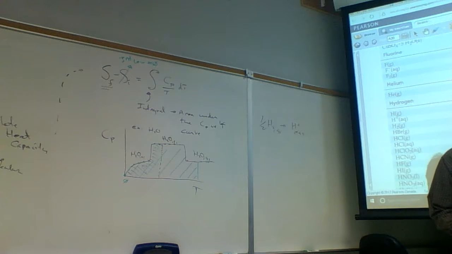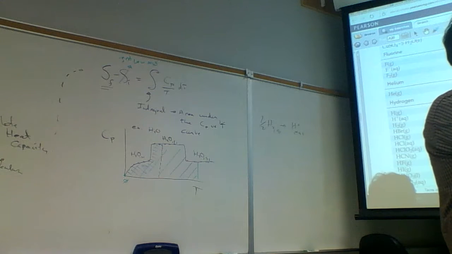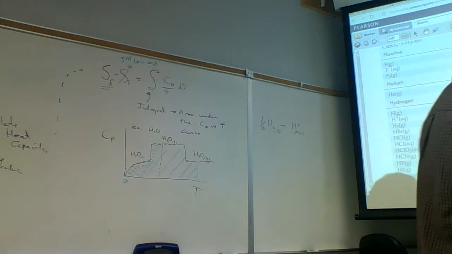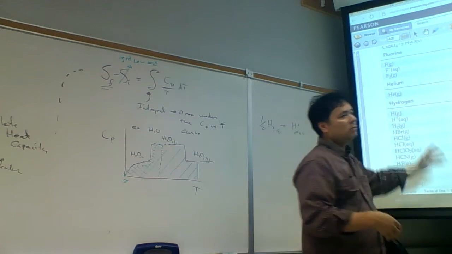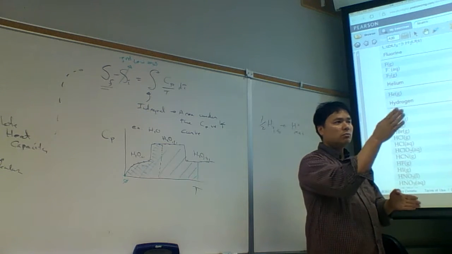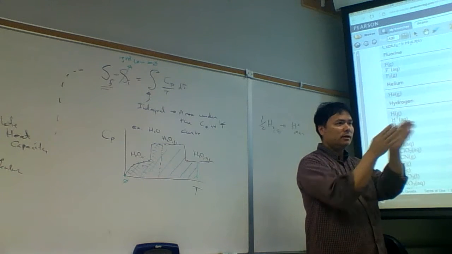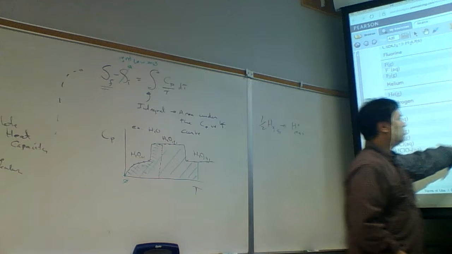Now, in order to have an entropy of 0, that means everything has to be perfectly positioned. And is that the case for H plus aq? You have 1 mole of hydronium ions or hydrogen ions in an aqueous solution. Are all the water molecules and all the H plus ions perfectly arranged to give it 0 entropy?